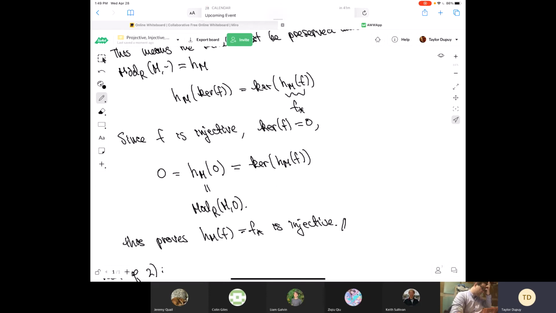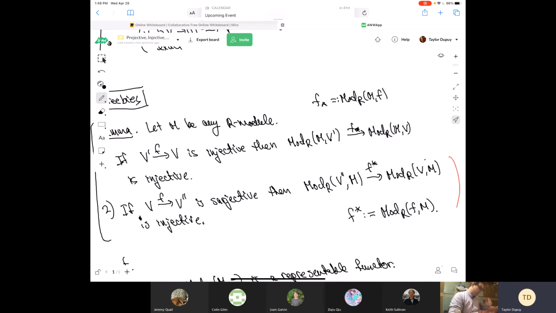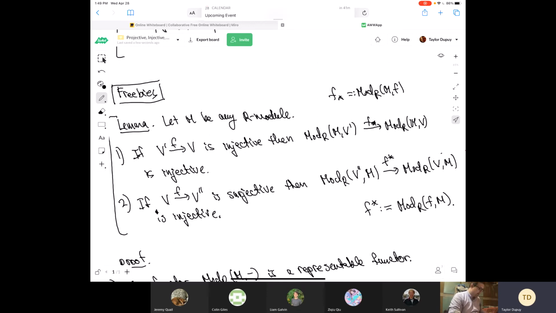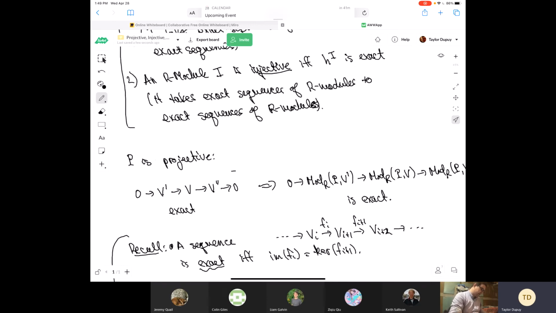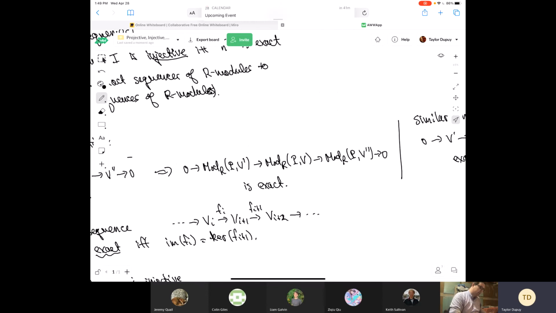All right, so just to summarize, we defined what it meant to be an exact functor. To check that something is projective, it needs to take this exact sequence to another exact sequence of our modules.